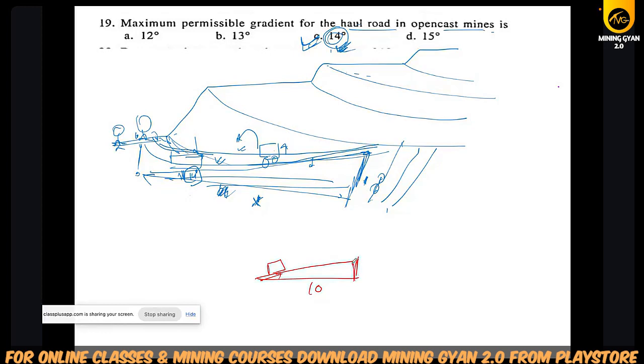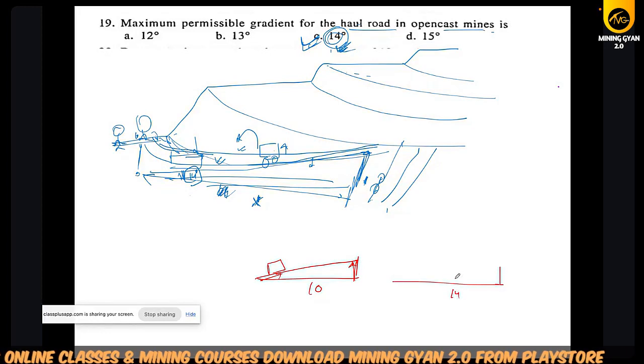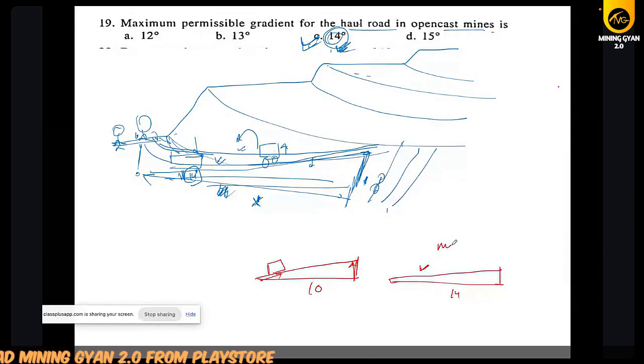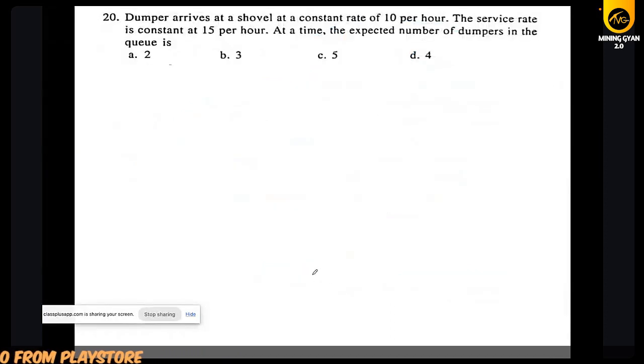You have to climb the ramp. But if it is 1 in 14, then your gradient will be less, so it will be more efficient and effective. So minimum should be this, and maximum should be this. Please comment the answer.